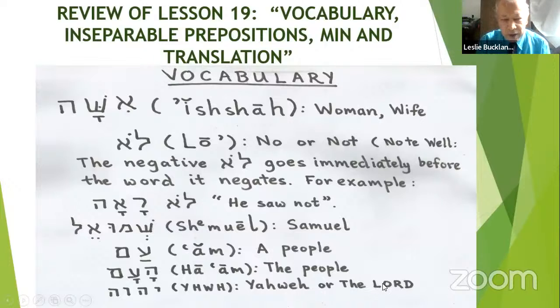So that is why in our English translations, when you see capital L, O, R, D, it is this personal name of God, Yahweh, that is being used, and it is being called the Lord to avoid using God's personal name. Actually, nothing is wrong with using God's personal name, as long as we don't misuse it or use it for an evil purpose.